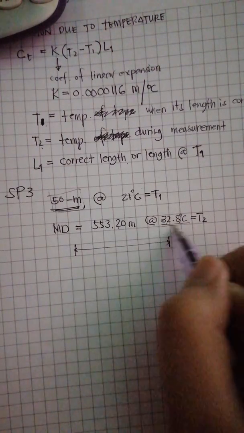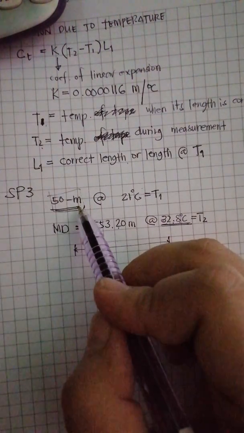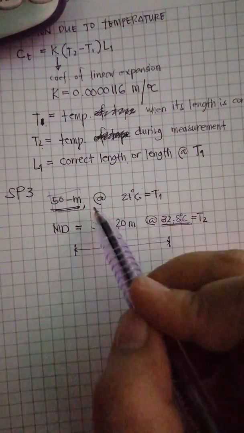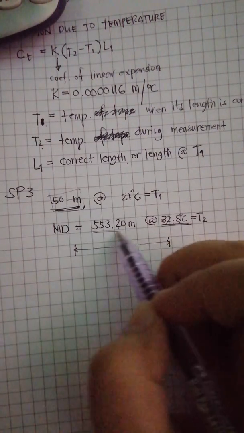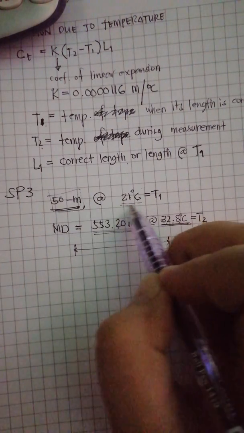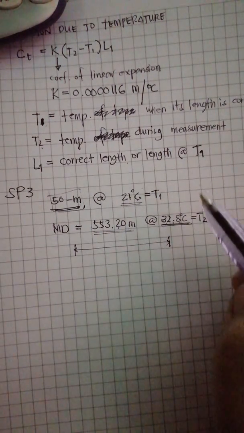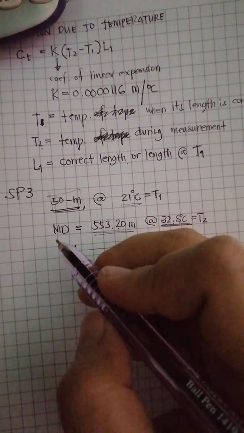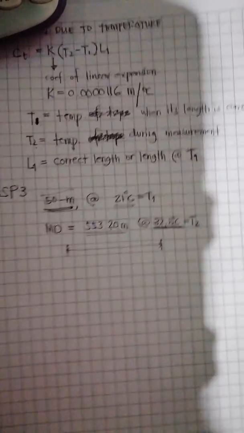At this temperature, the temperature increased, so there is a possibility that the length of the tape also increased. So there is an error, meaning this measurement is erroneous. But if you measure at the standard temperature, 21 degrees Celsius, then there is no error. So what is the temperature correction per tape length?